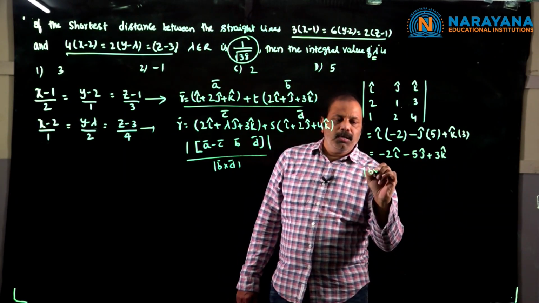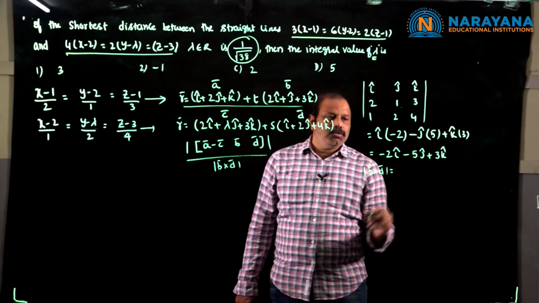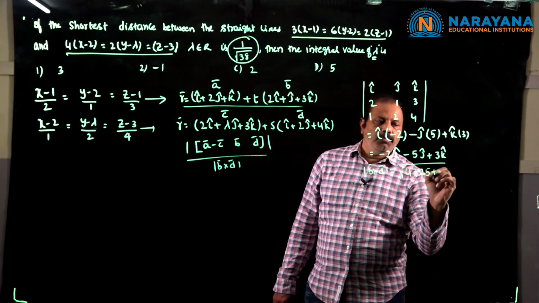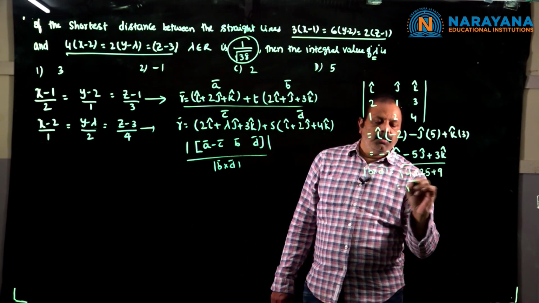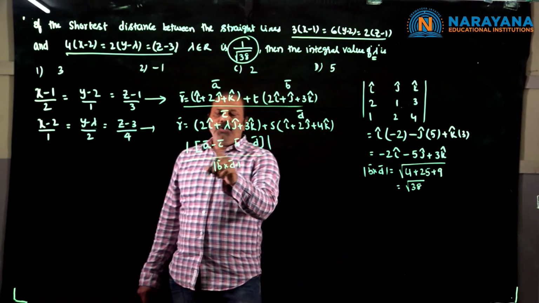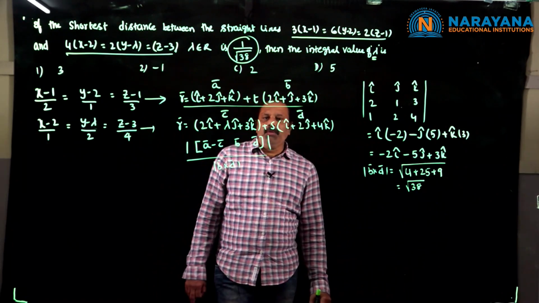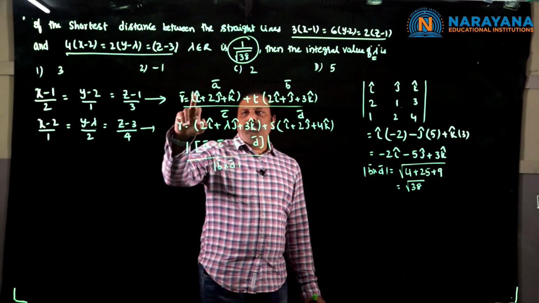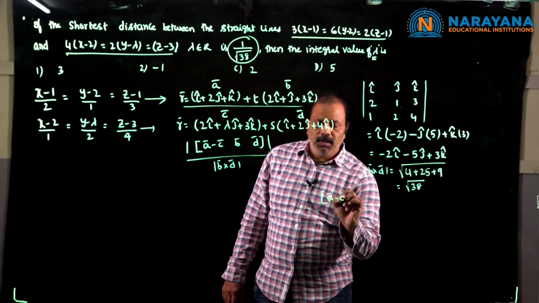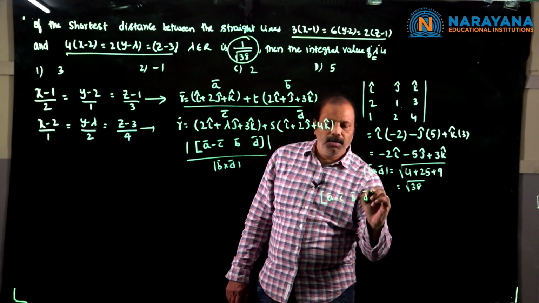Modulus of B bar cross D bar is equal to root over 4 plus 25 plus 9, which is nothing but root over 38. Now, I need to calculate the box of A bar minus C bar. Let us find the box of A bar minus C bar, B bar, D bar.